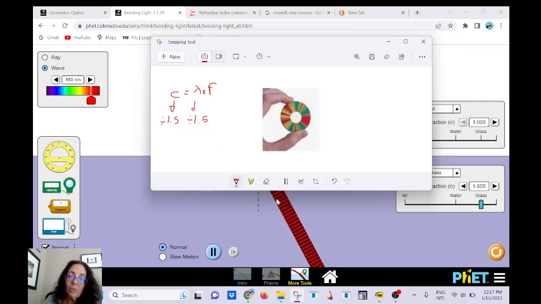So when light goes from air to glass, the wavelength is lambda sub 0 in air, and light goes into glass, lambda in glass is going to be lambda in air divided by 1.5. Okay?